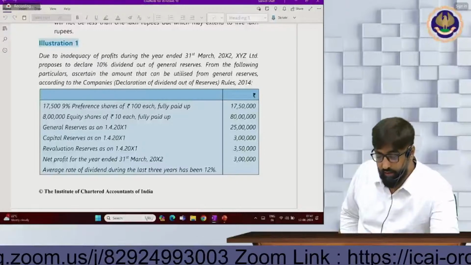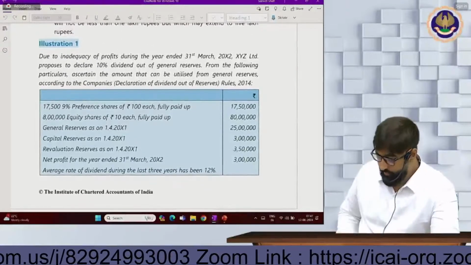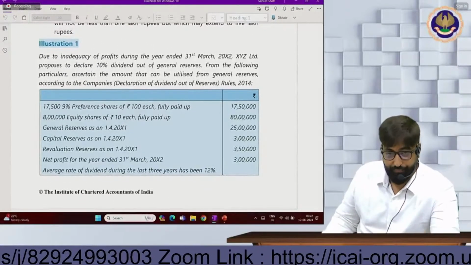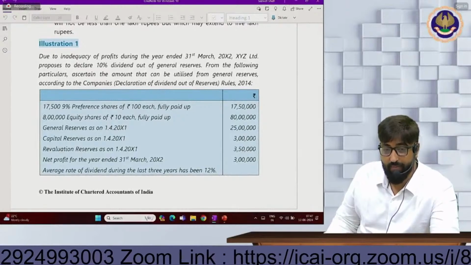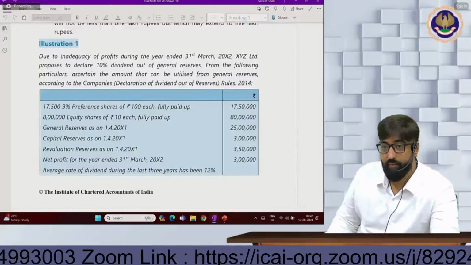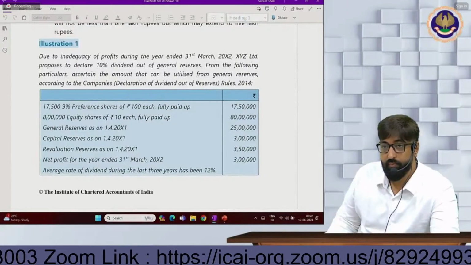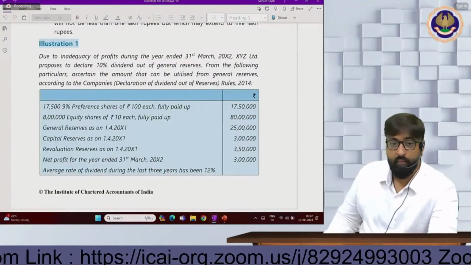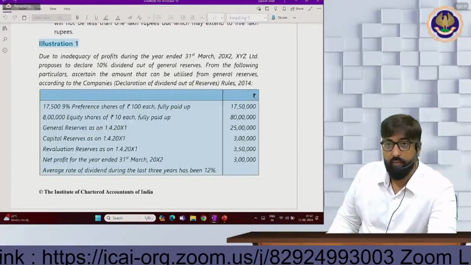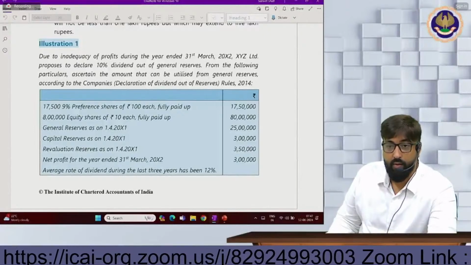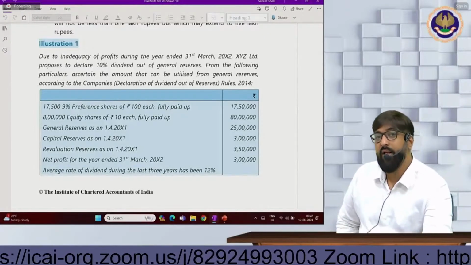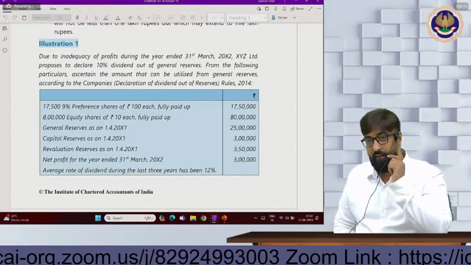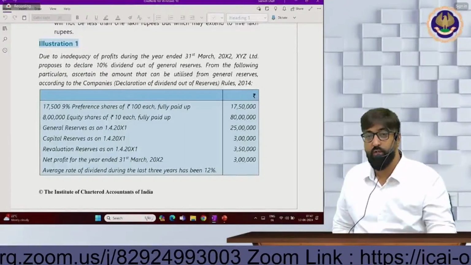Okay, so dividend question. 3 rules for using past year profits. Due to inadequacy of profits during the year ended 31st March 2002.